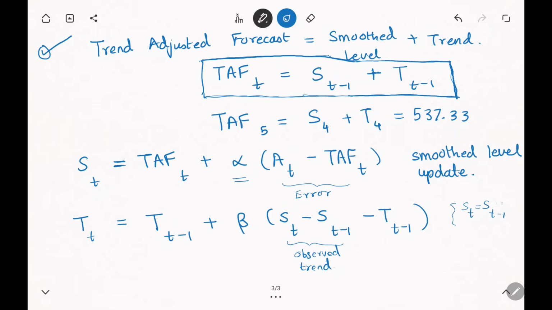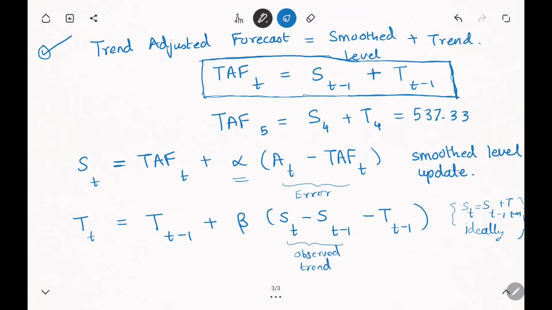But that is not what actually happens, right? So there is some error, there is some difference. So we are multiplying that difference by beta. Just like in case of the previous equation, when we updated the level, we took a fraction alpha of that error.